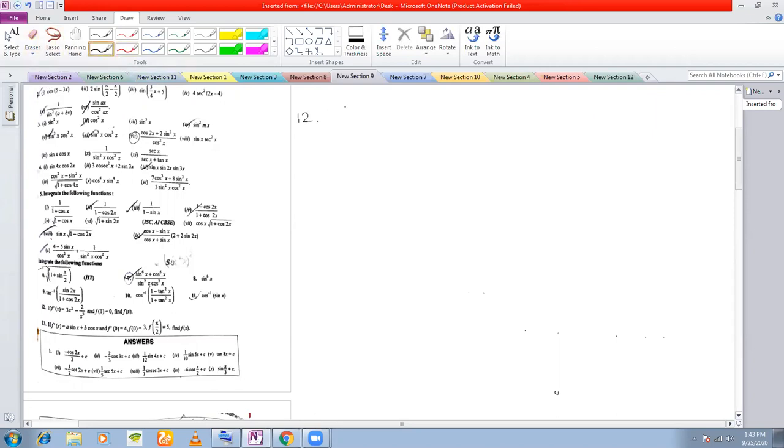It is given here that f dash x is equal to 3x. What do you mean by f dash x? The derivative of fx, d/dx of fx, is f dash x.